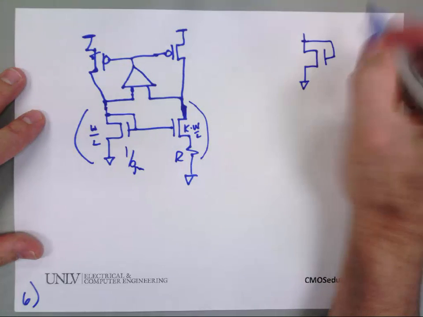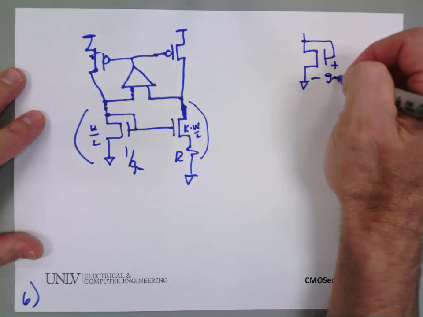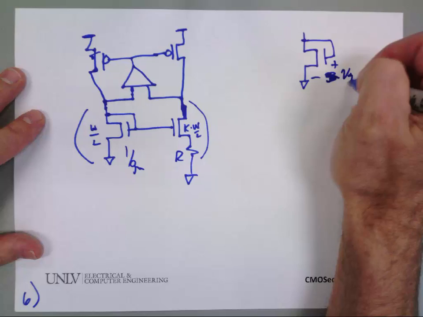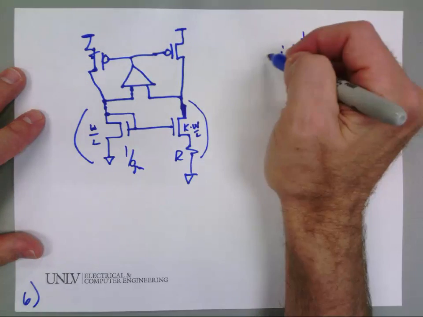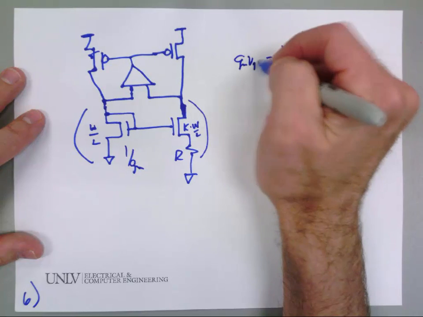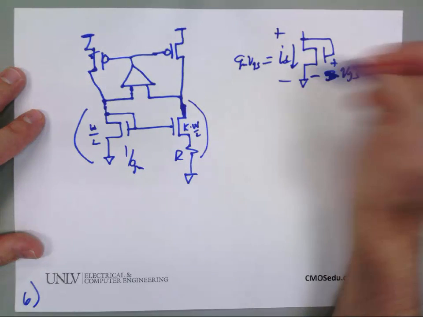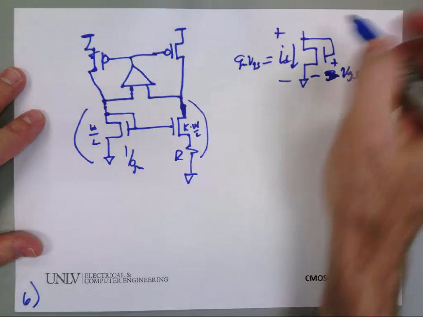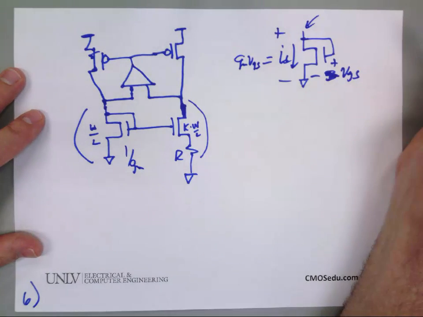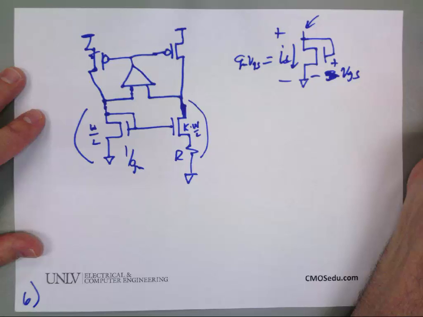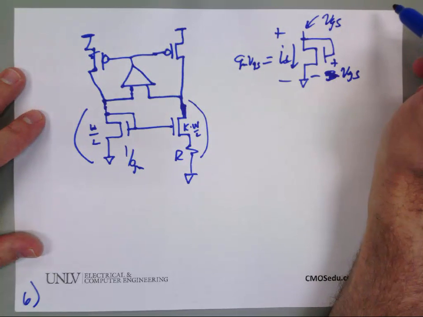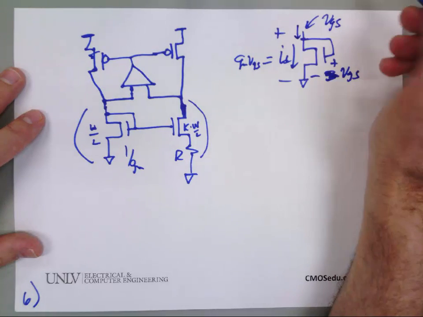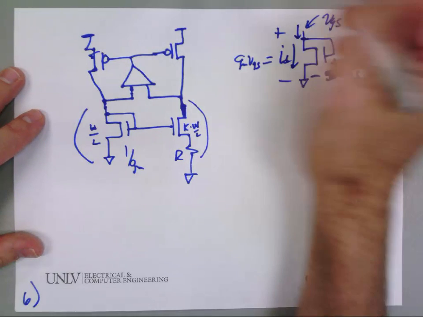You say, oh, well, when he asks me small signal, I write GM. If this is VGS, the current that flows through here is ID, which is GM VGS. So if I ask, what is the voltage here? VGS. Does everybody agree with that? What's the current that flows through there? ID.